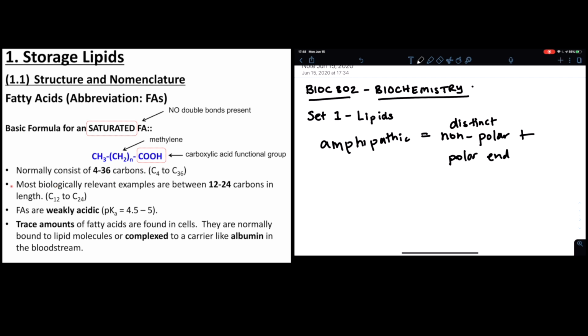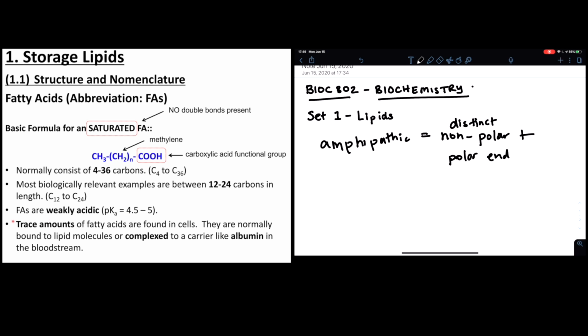However, the most biologically relevant examples range from 12 carbons to 24 carbons. Fatty acids, just as the name suggests, are weakly acidic, because the pKa value for their carboxyl group is anywhere from 4.5 to 5.